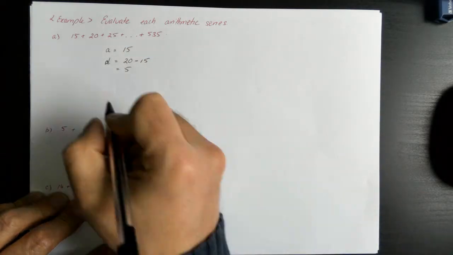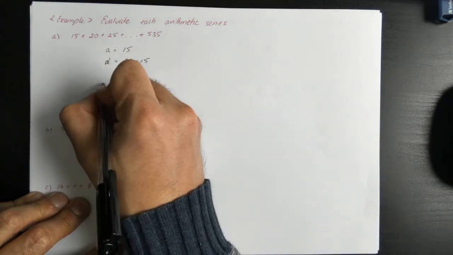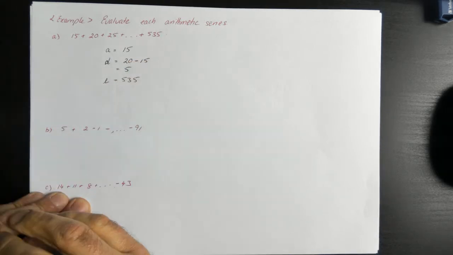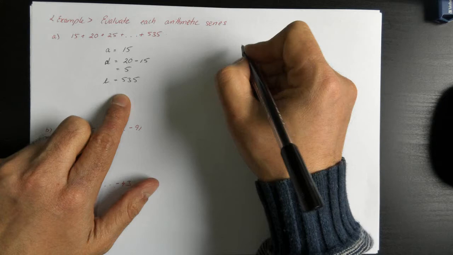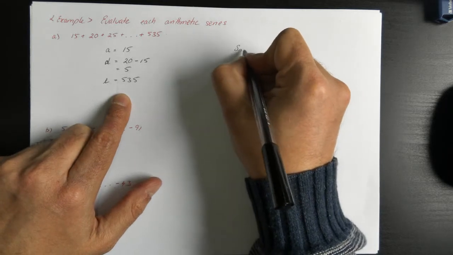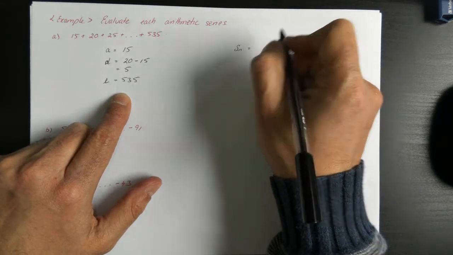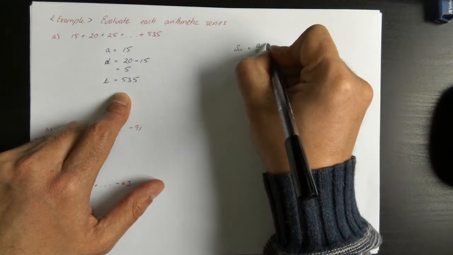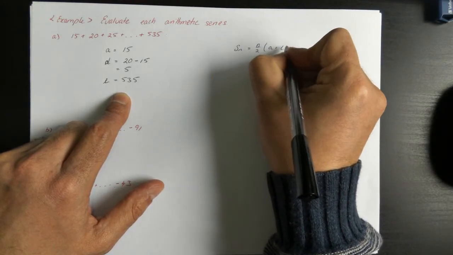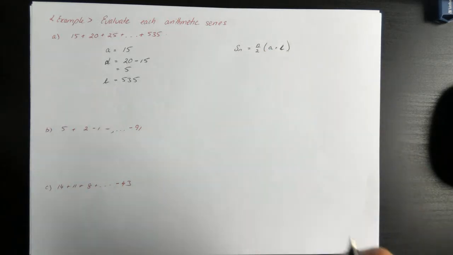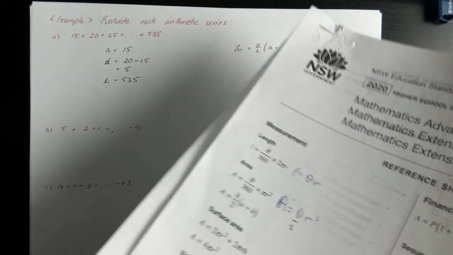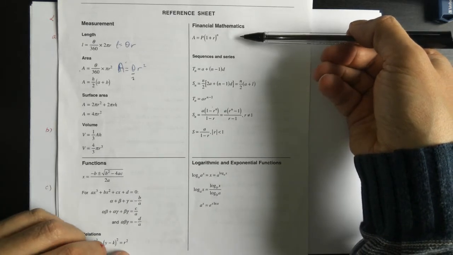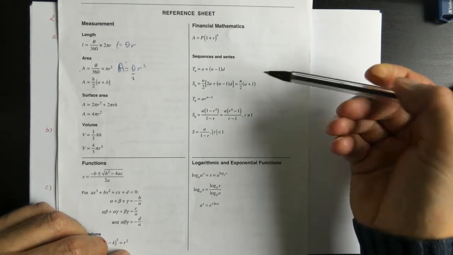I know that my last term is 535. So in this case, I'm going to use this formula that Sn is equal to n over 2 multiplied by a plus L. And that is on the formula sheet. This is page 1 of our formula sheet, and we have it here.